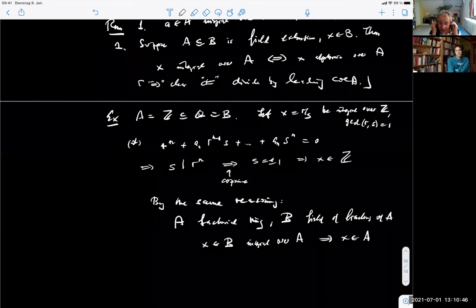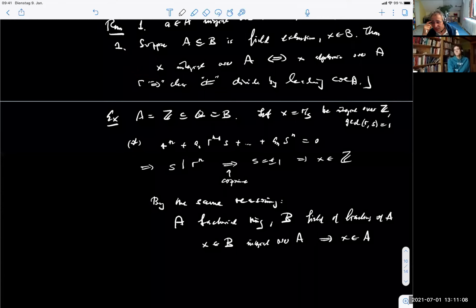So what are good theorems about? I ask you now. It's so quiet today. You know, algebraic extensions. What do you know about algebraic extensions? So what should I prove? What should I try to extend? Algebraic extensions of fields.